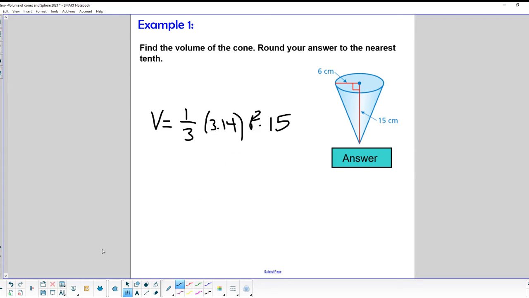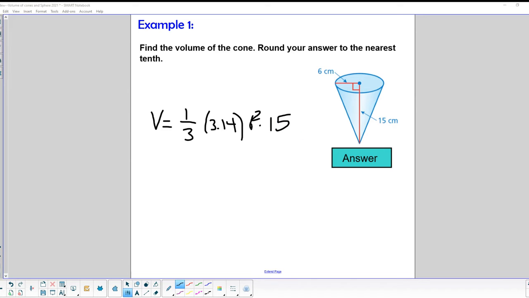So let's go ahead and multiply all of that out, get our calculator going. This is a little different than some of our calculators, but for 1/3, I'm going to do 1 divided by 3 equals, times that by 3.14, which is our pi value, and then times that by 6 squared, and that's all going to equal 37.68.